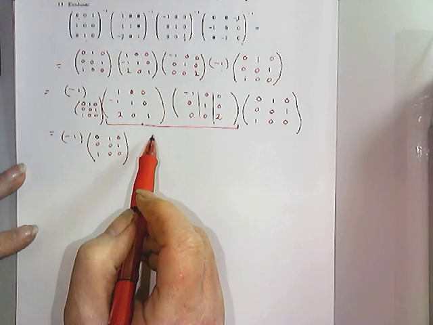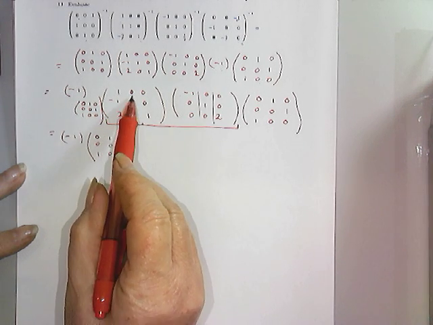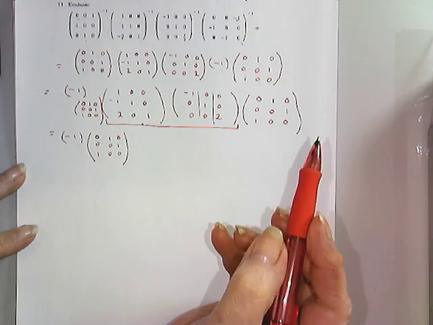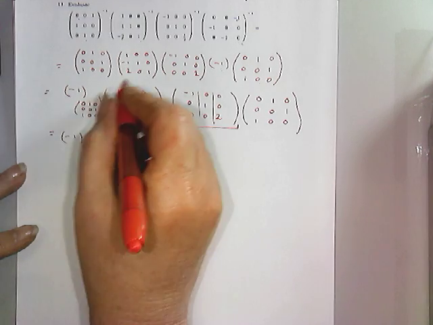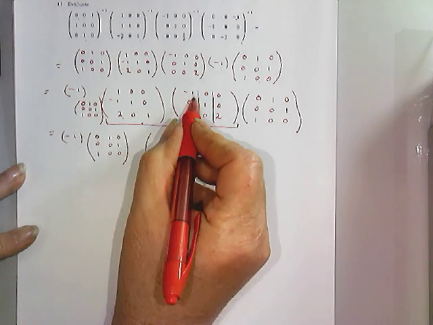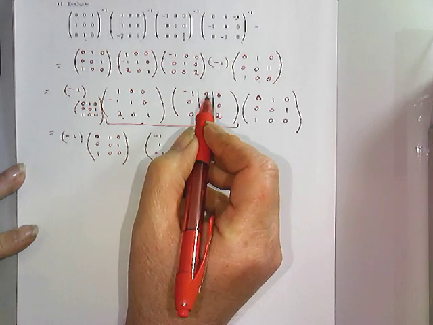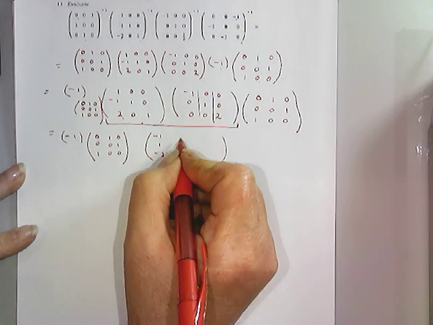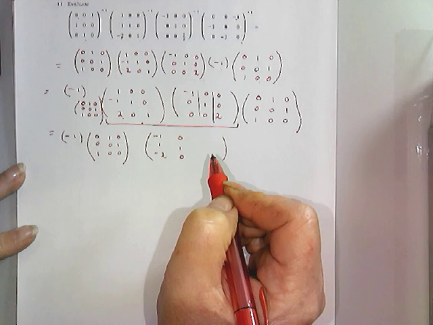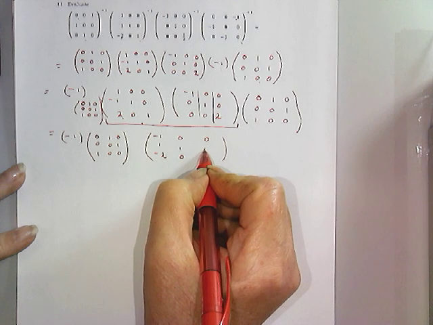If we partitioned it by columns, what we'll notice is that each of the columns of our original matrix get multiplied by the value along the diagonal here. So this multiplication result will be the first column multiplied by -1, which would be -1, 1, -2. And the second column would be multiplied by 1, giving us a 0, 1, 0. And then the last column should be multiplied by 2, giving us a 0, 0, 2.